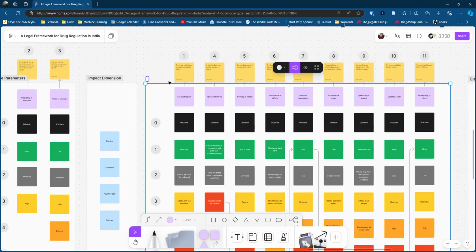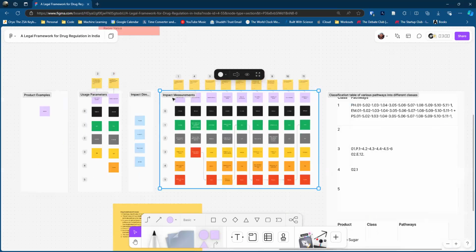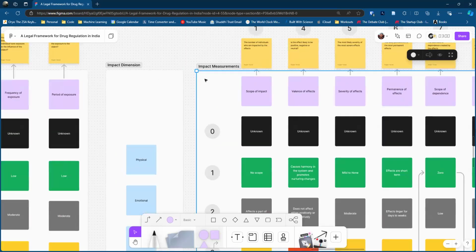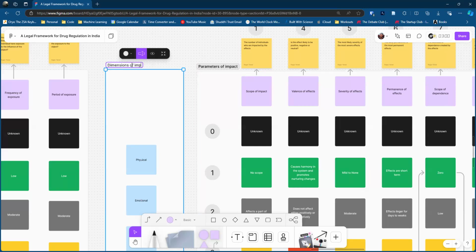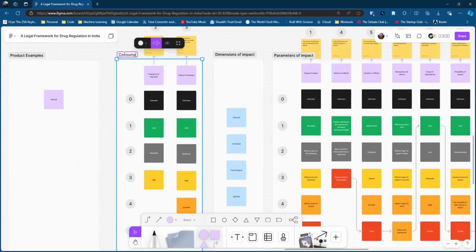Impact areas? It's not impact areas, I guess. Impact measurements, because we're measuring different aspects, but impact dimension is also kind of confusing with that. We can put parameters of impact, and this one will be dimensions of impact. Consumption parameters, parameters of consumption, or consumption parameters.